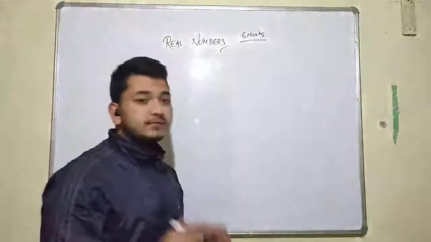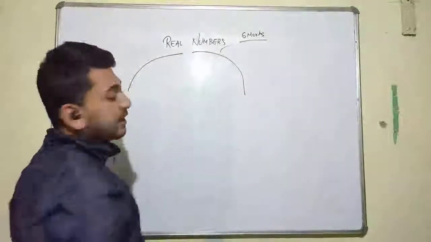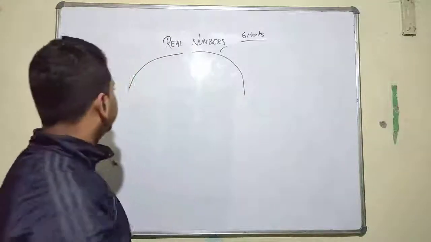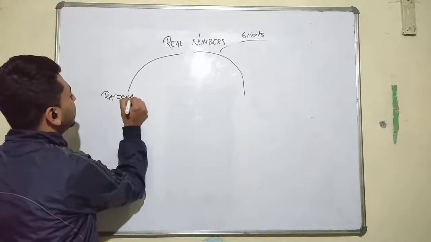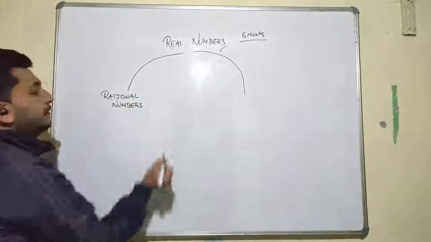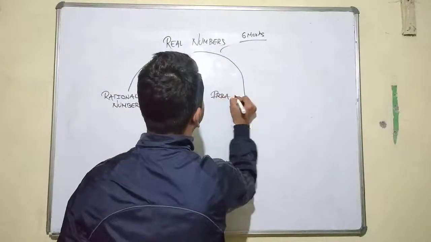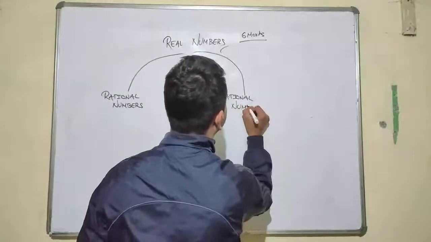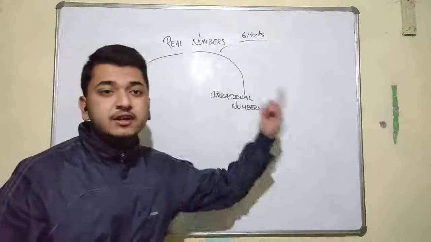So, real numbers, 2 compartments. Okay, I'll divide real numbers into 2 compartments, that is rational numbers and irrational numbers.